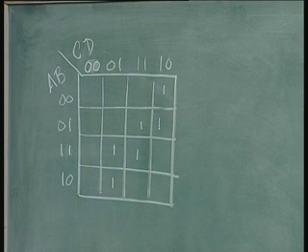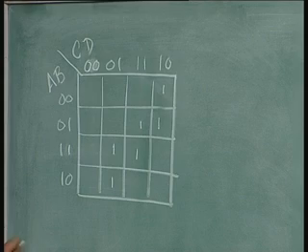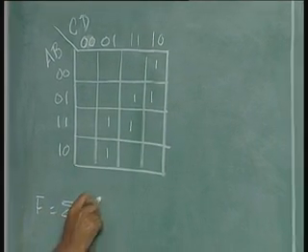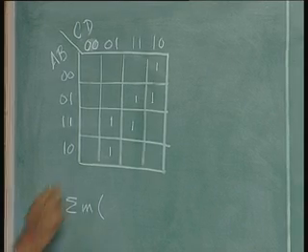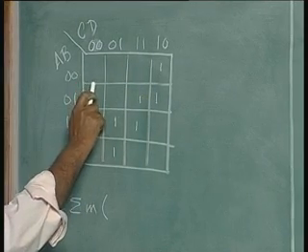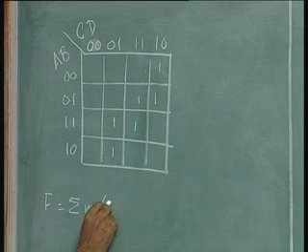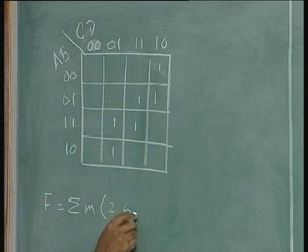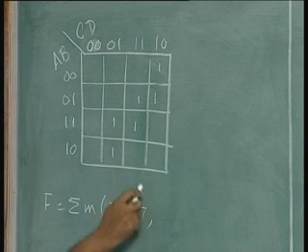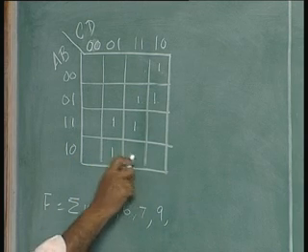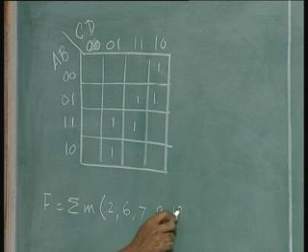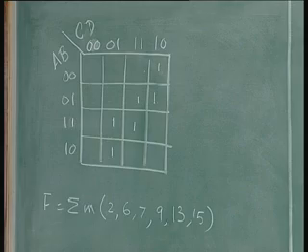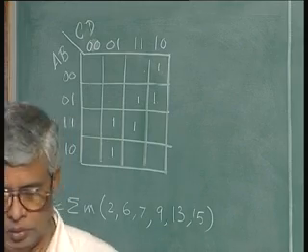This is the pattern of ones. That means this is a function which is expressed as sum of the following minterms. This is minterm number 2. So, let us start from here: 0, 1, 2, 3, 4, 5, 6, 7, 8, 9, 10, 11, 12, 13, 14, 15, right. This is the map.